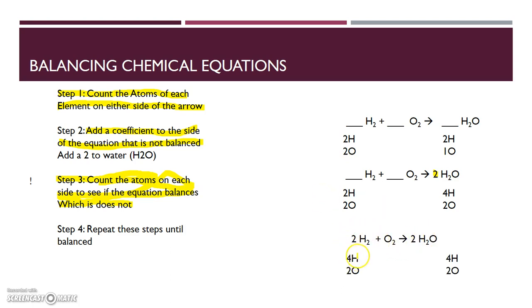Now we have 4 hydrogens over here. Remember, you got a coefficient here, so 2 H2s is 4 hydrogens total. Now we have 2 O's, and we have 2 O's, because this is just O2. And you repeat this until it's balanced. In this case, we're balanced, so this is our final answer.